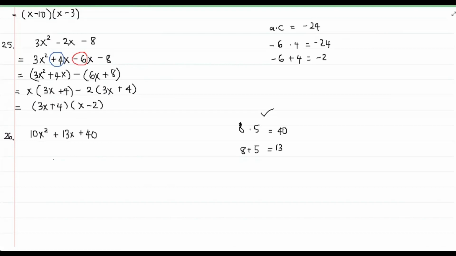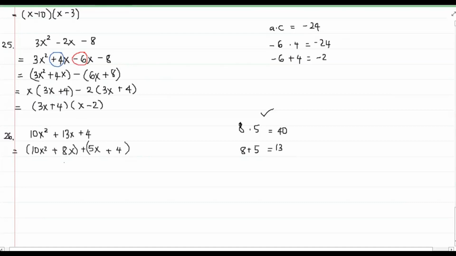Hold on. Plus 4. Plus 4. Yes, plus 4. Why am I writing 0 right here? Plus 4. Okay, so now we can rewrite it as 10x squared plus 8x plus 5x plus 4. Now we group this one.